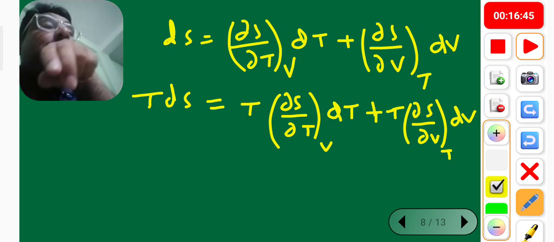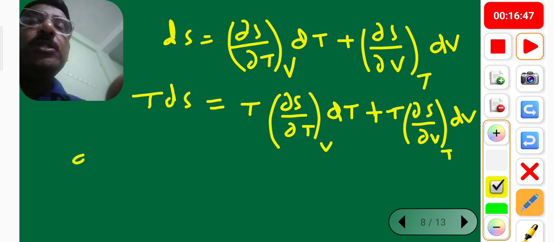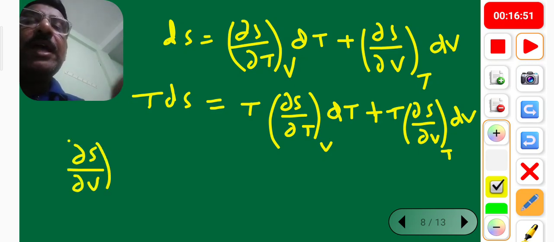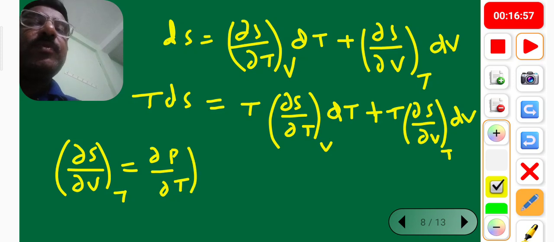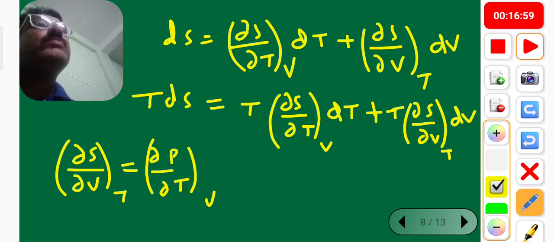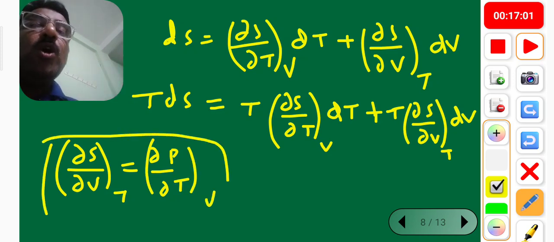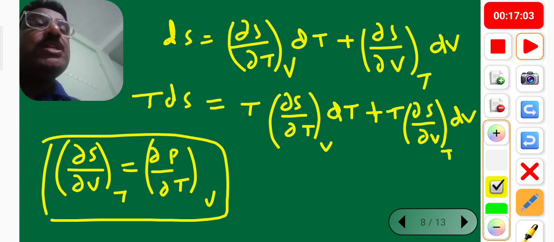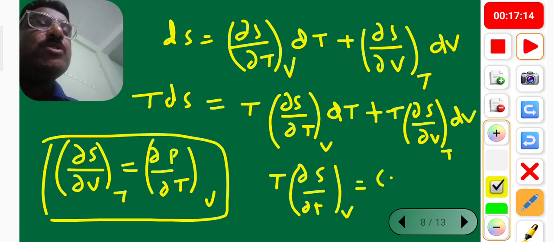Now we already have two relations from before. That is, (∂S/∂V) at constant temperature is equal to (∂P/∂T) at constant volume. This is one relation you got. And the second relation is T (∂S/∂T) at constant volume is equal to Cv.